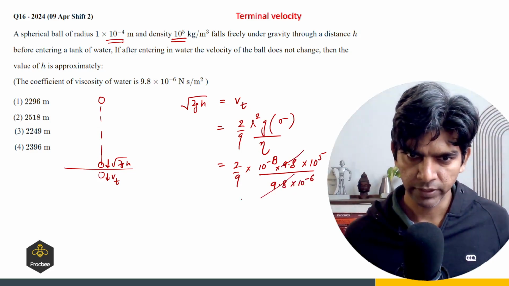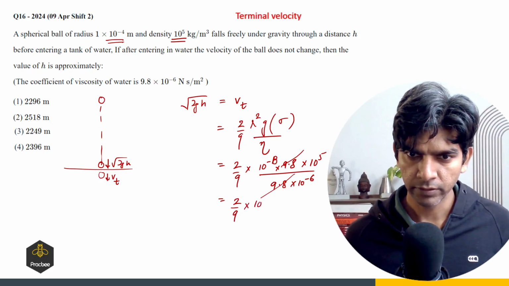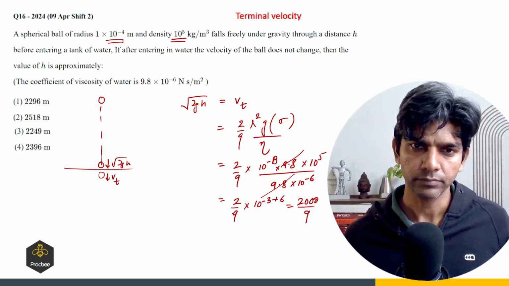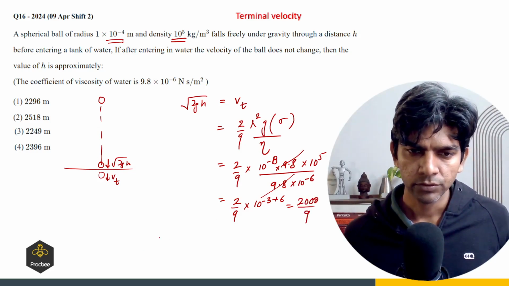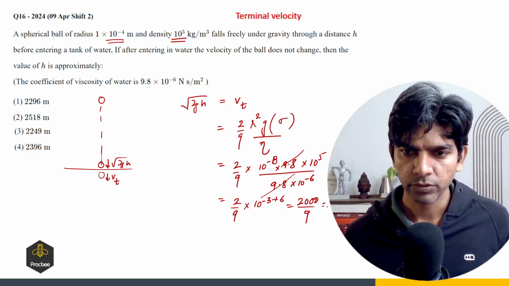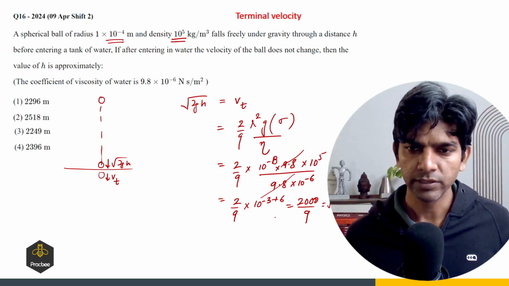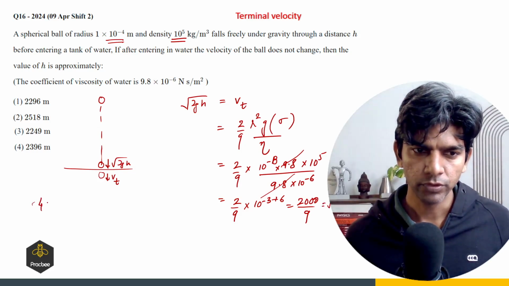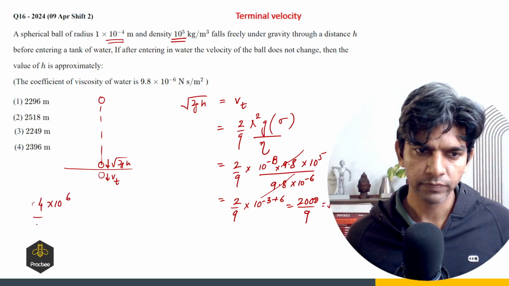So 9.8 will get cancelled out, so this comes out to be 2 by 9 into 10 raised to minus 3 plus 6, so that will be 2000 by 9, right? So this is nothing but root of 2gh. So let us square. So it will be 4 into 10 raised to 6 divided by 81 divided by 2 times 9.8.